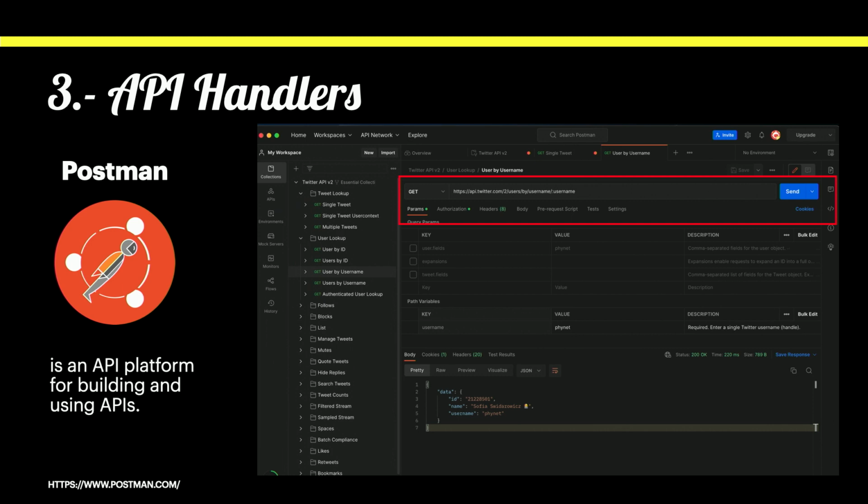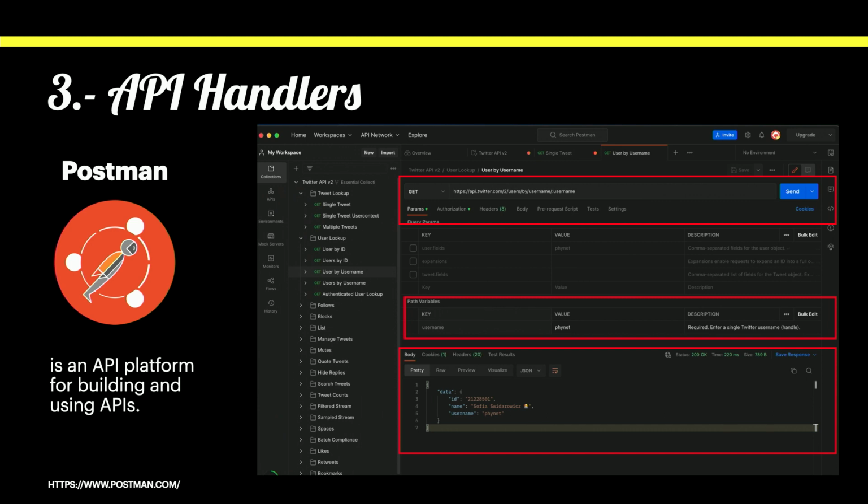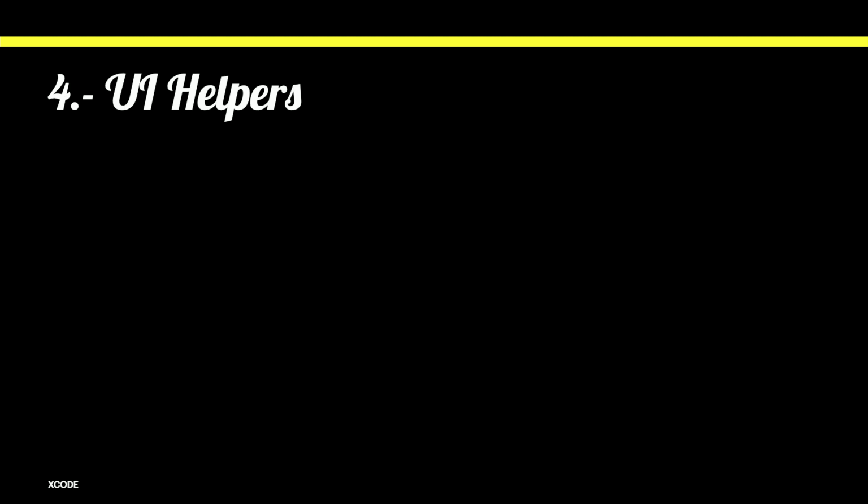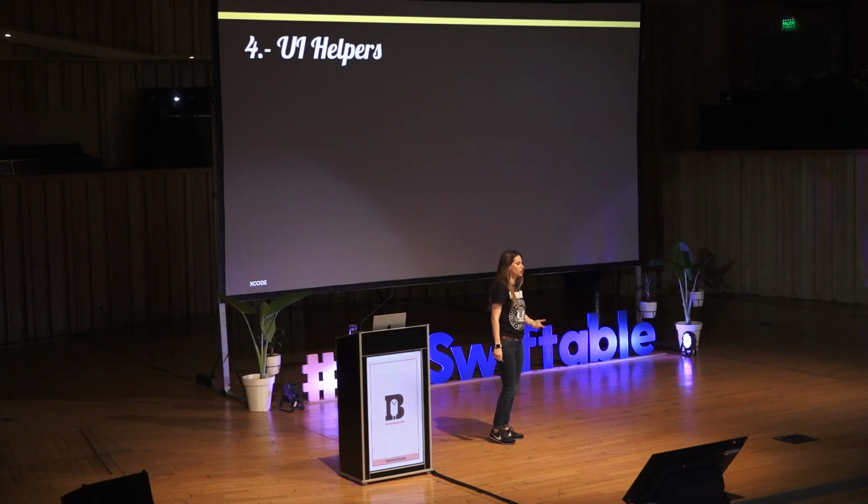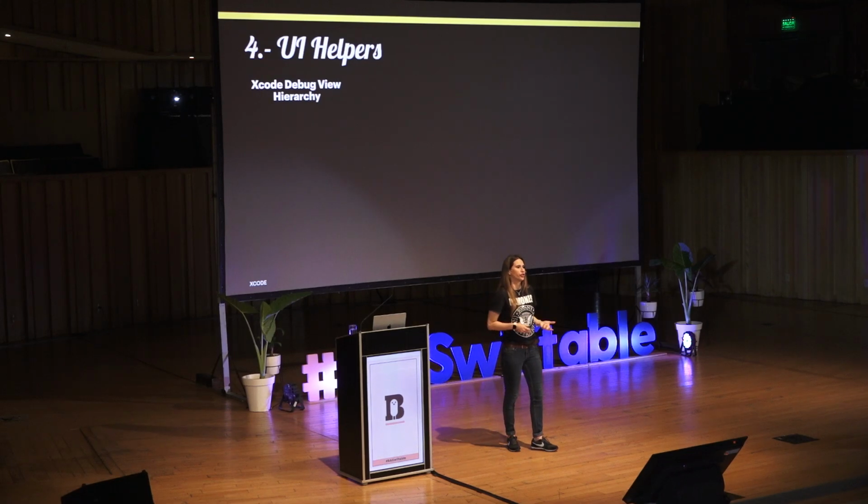You can edit the query params, add the private key, and you can see the body of the request or the response before and after you type anything in your code. Also, you have environments. Those environments can change depending on production or develop.